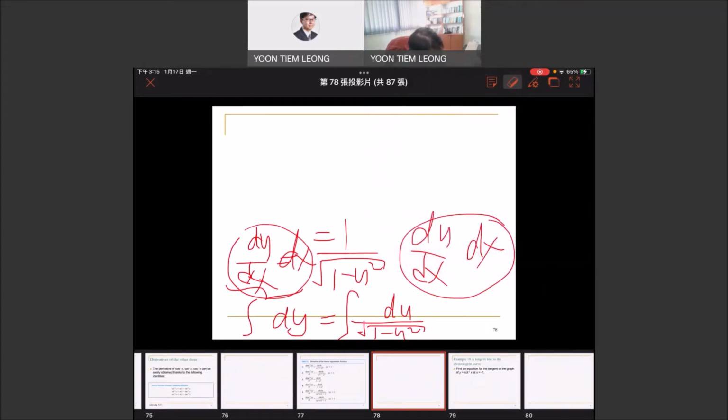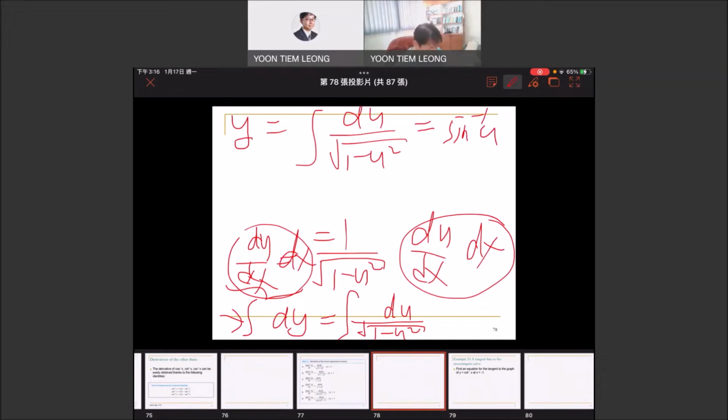Let me write it upstairs. The antiderivative of dy will be just y, which equals the integral of du over the square root of 1 minus u squared. And what is y? By definition, y is just my arc sine of u. So that is the result.